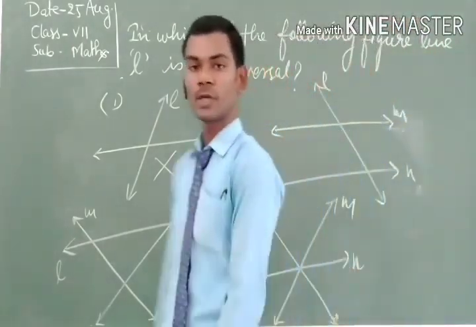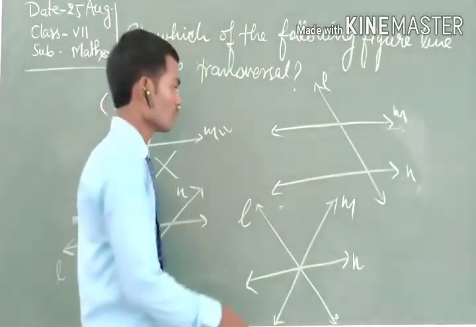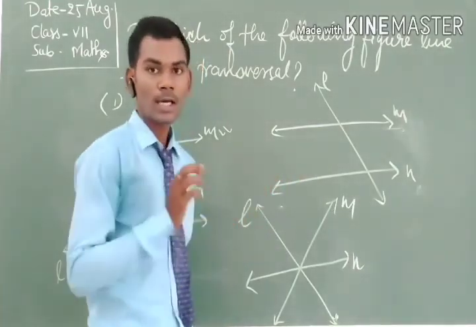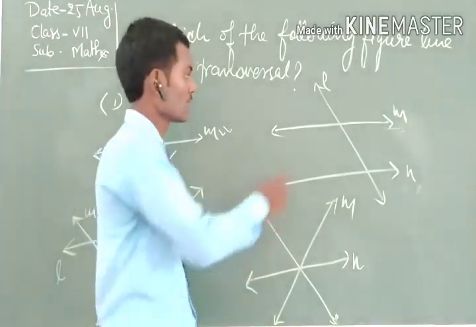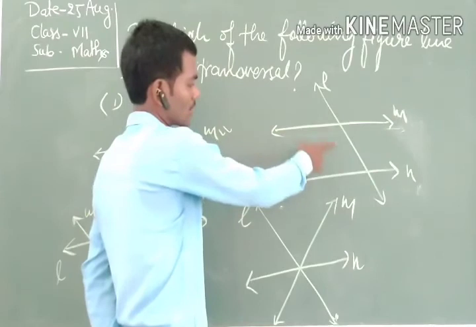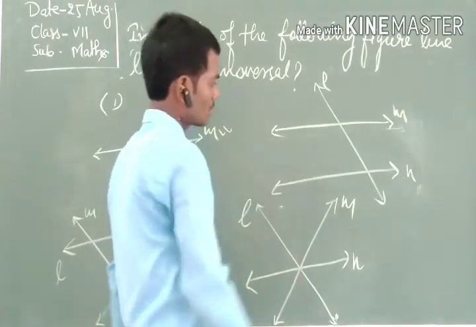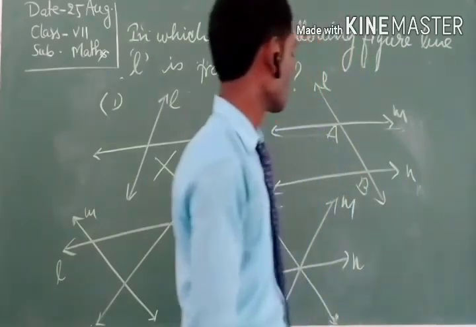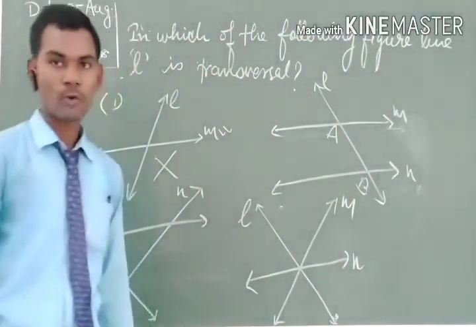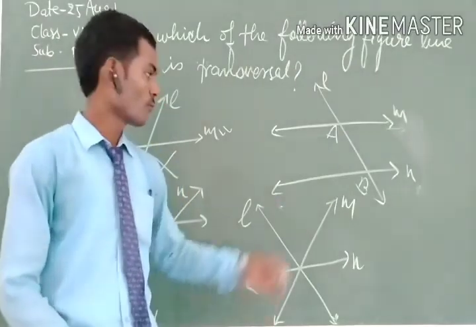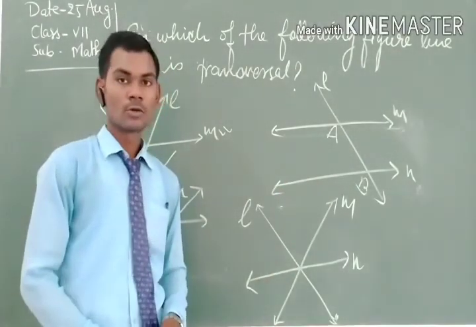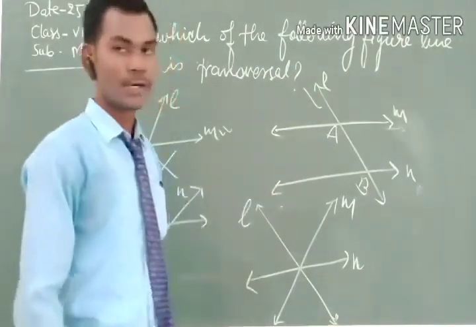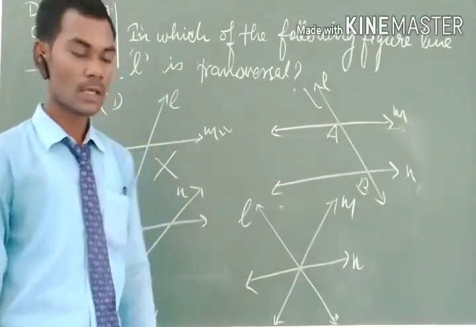Let us see figure 2. In figure 2, two lines M and N are given, and the line L intersects the two lines at point A and point B, so the intersecting points are different for each line. So in the second figure, the line L is a transversal.